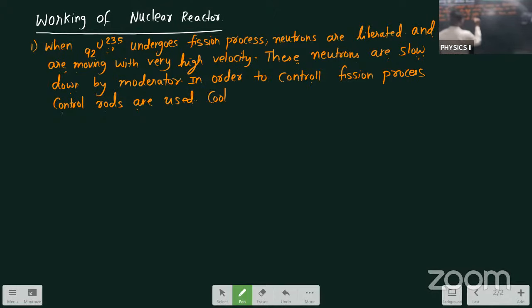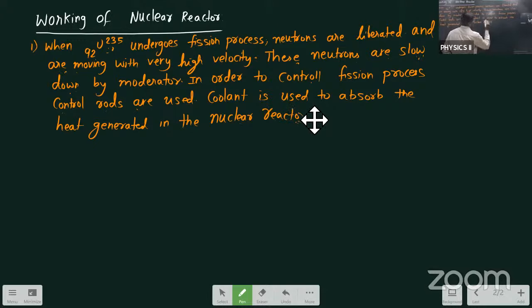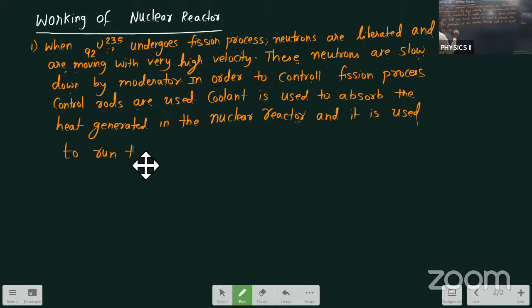Coolant is used to absorb the heat generated in the nuclear reactor, and it is used to run the turbine.